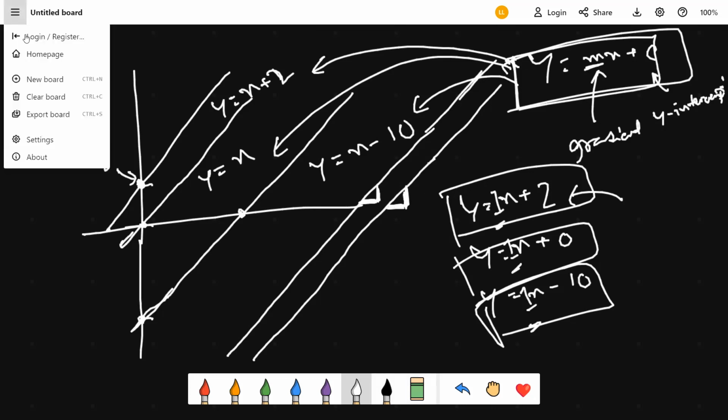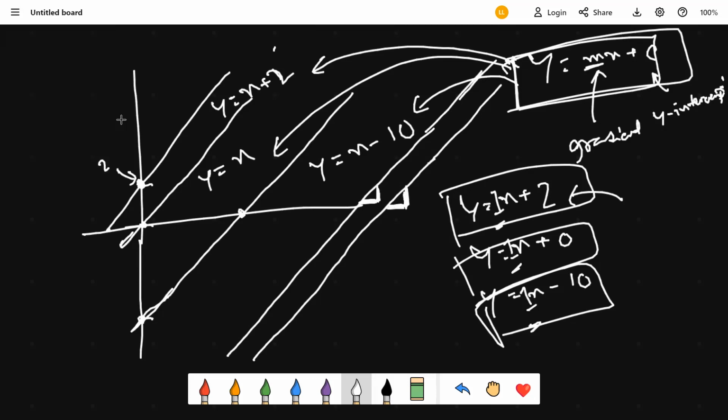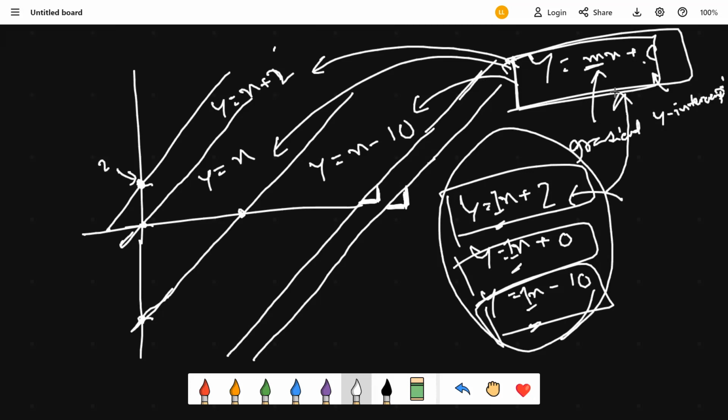Same goes for the intercept. Now, we simplified all these equations by a single model: y equals mx plus c, isn't it? That means we introduced a constant here. Instead of this constant, there could be any value. There could be 0, 2, k, 5, minus 10, a, anything.